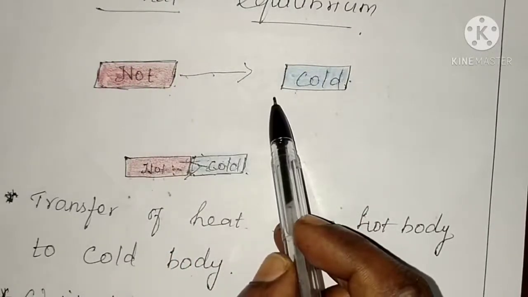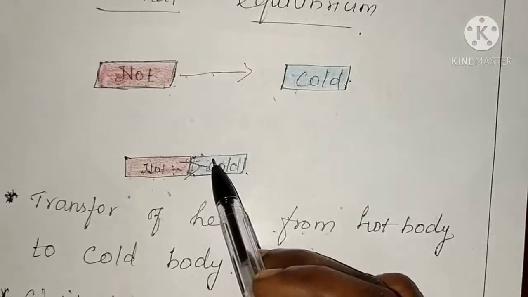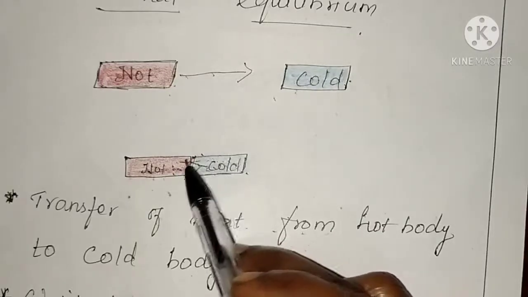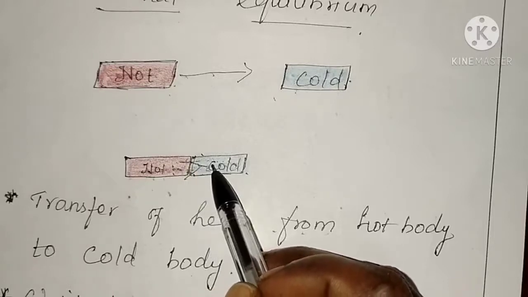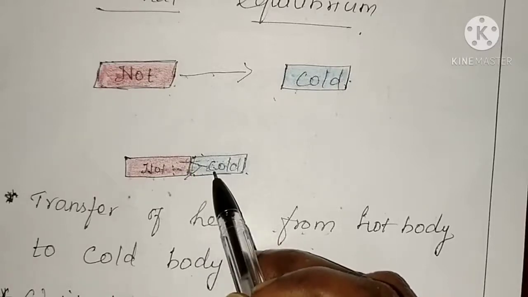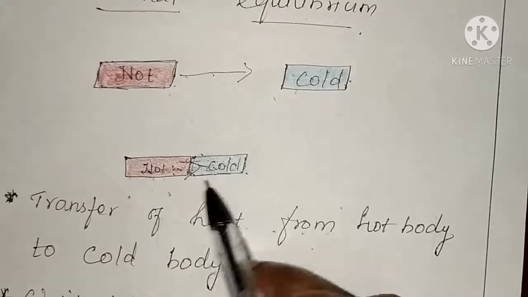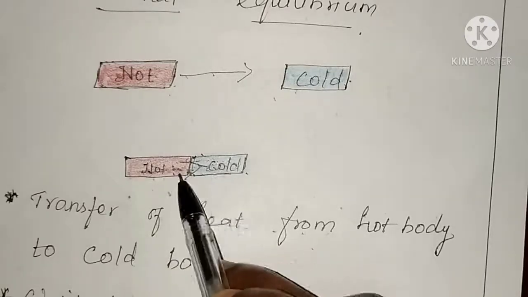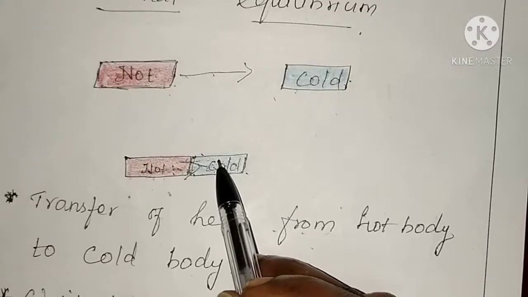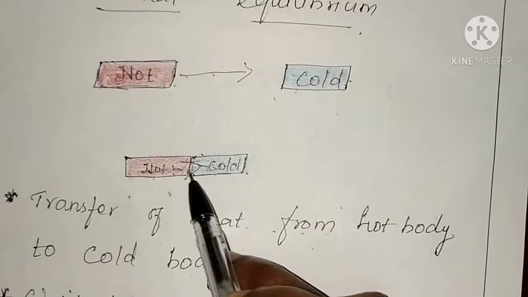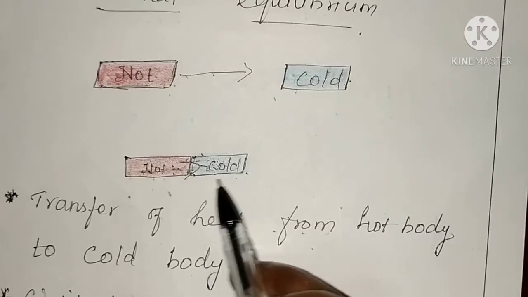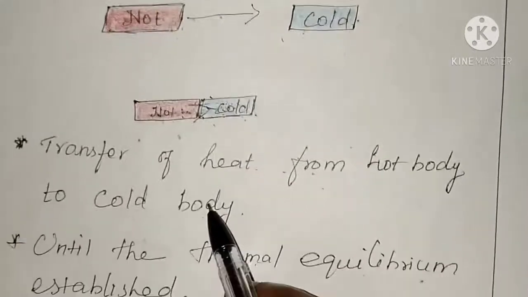You all know that, isn't it? Two systems are said to be in thermal equilibrium if the two objects attain the same temperature. The two objects are brought in contact with one another, and heat energy is transferred from the hot body to the cold body until thermal equilibrium is established.